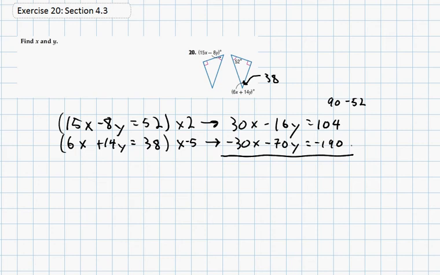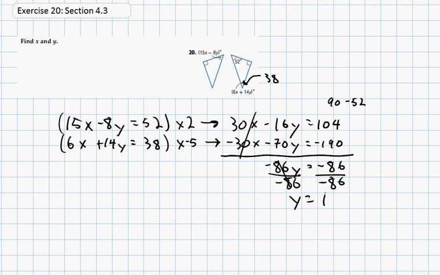Notice that since these two equations have the same number but just opposite signs, we can add and get rid of the x's. So I get negative 16 minus 70 gives me negative 86y equals 104 minus 190. That's negative 86. Interesting how that works, because when I divide by negative 86, I get y equals 1.